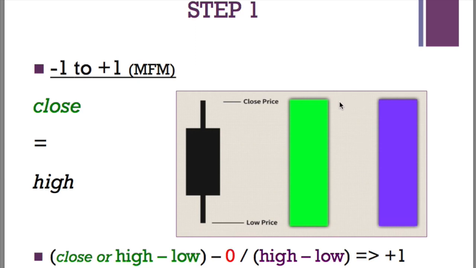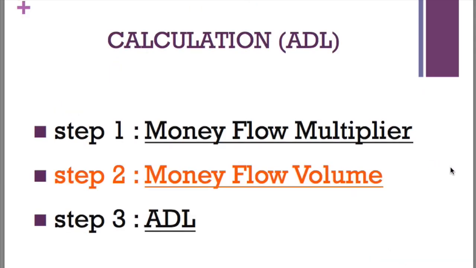That's why this red box, this red area disappeared. So we actually get the high minus low divided by high minus low is +1. This area divided by this area, and they are the same orders, so +1. So we calculated the money flow multiplier.